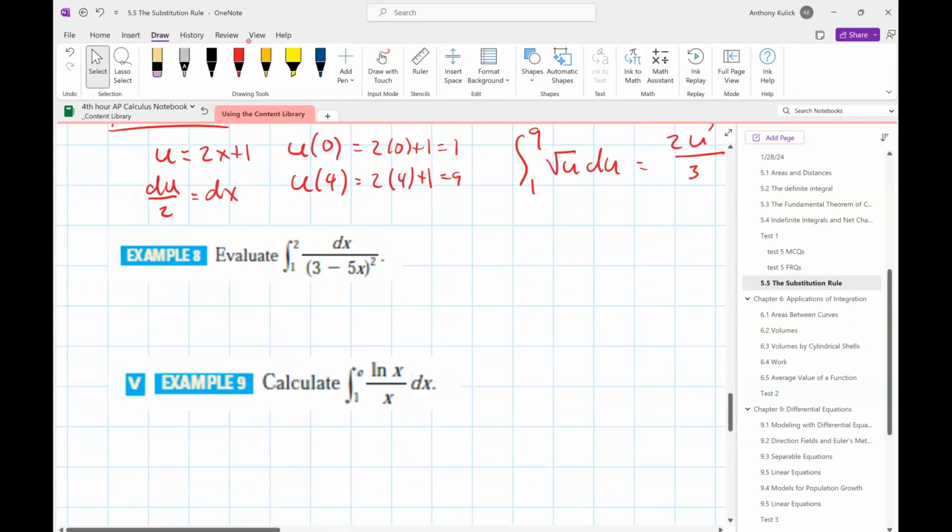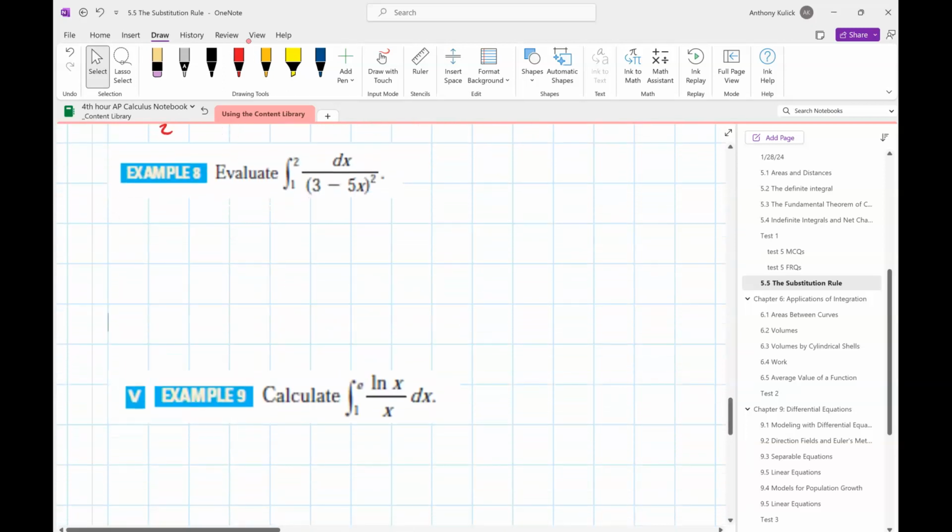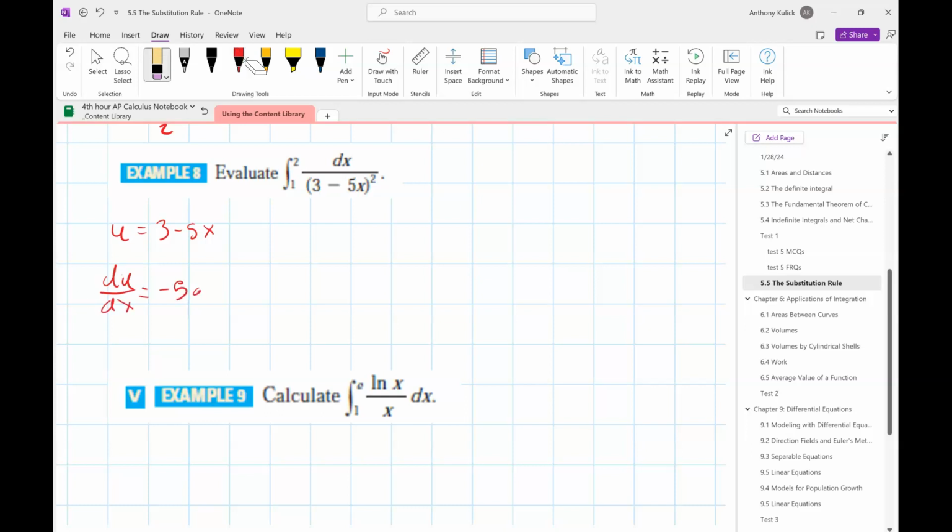Okay, let's try again. Our u here would be 3 minus 5x. So my du dx is -5.